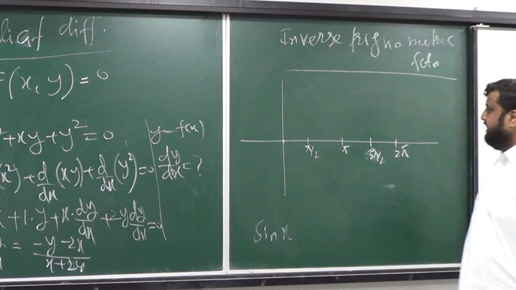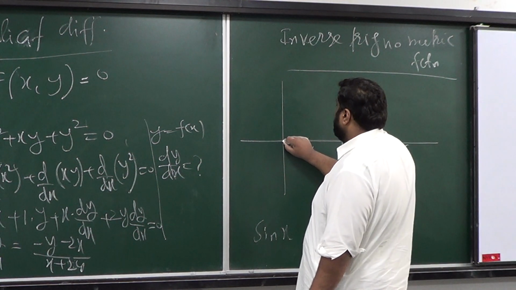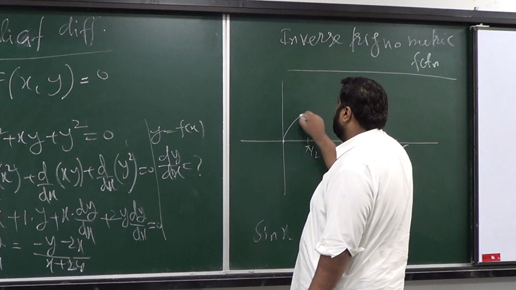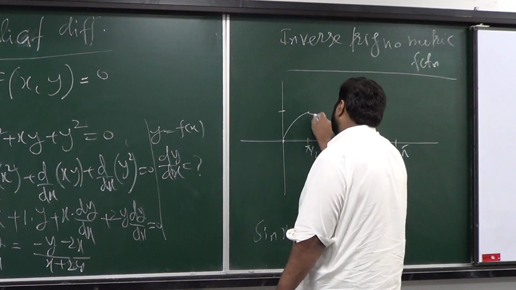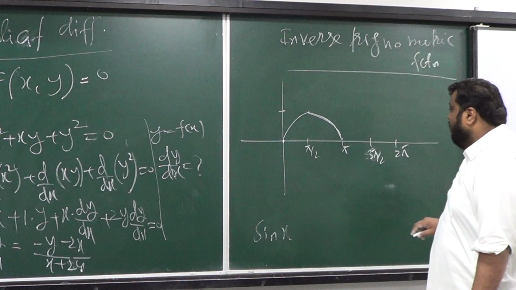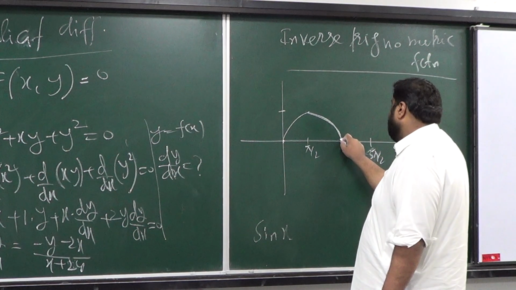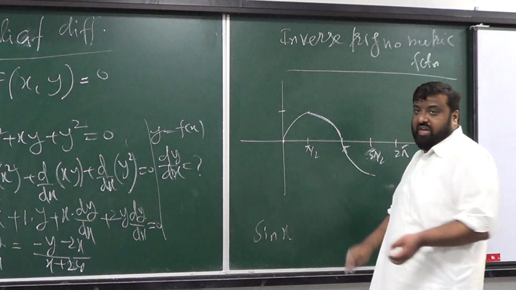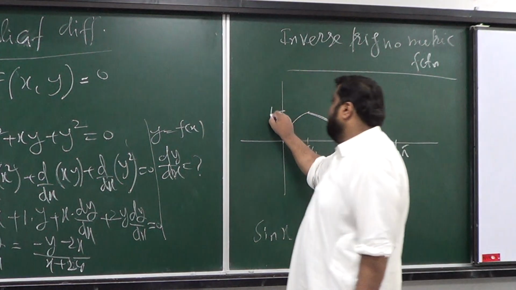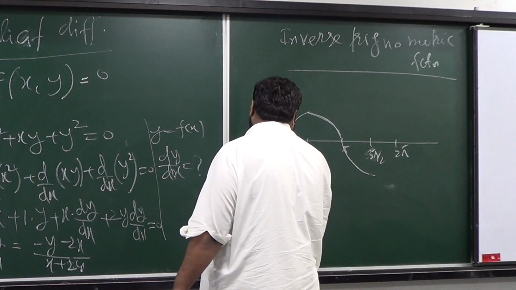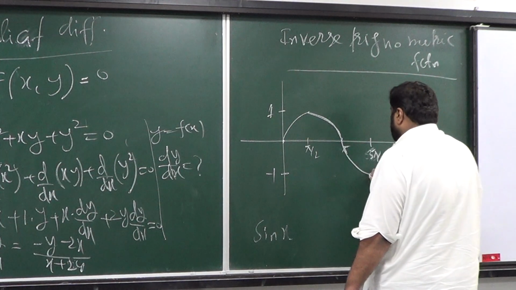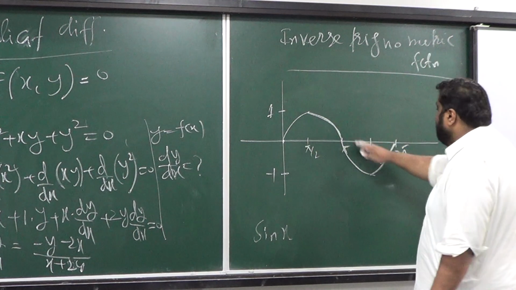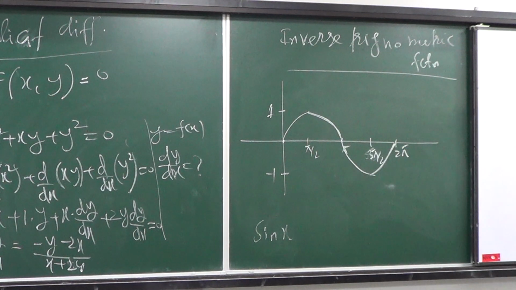Then this function starts from 0, goes to its highest value 1 at pi by 2, gets back to 0 again, and goes to its least value, negative 1, at 3 pi by 2. So this is positive 1 and this is negative 1, and then it goes back to 0 at 2 pi. And then it just keeps on oscillating.